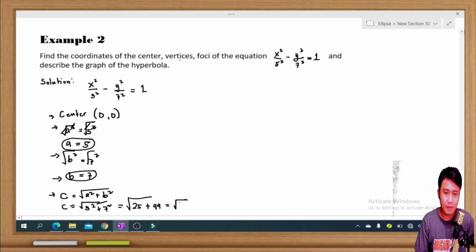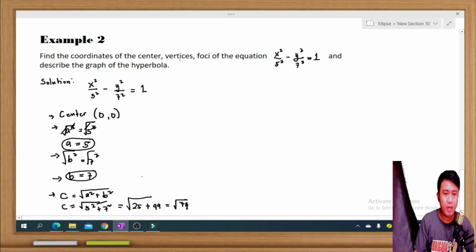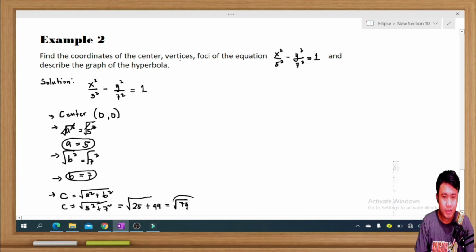That is 74. Okay, so kompleto na po tayo ng mga values. We have now the values of A, B, and of course the value of C, which is square root of 74. Together with the center, we can now plot, of course, the points, or the parts of our hyperbola.